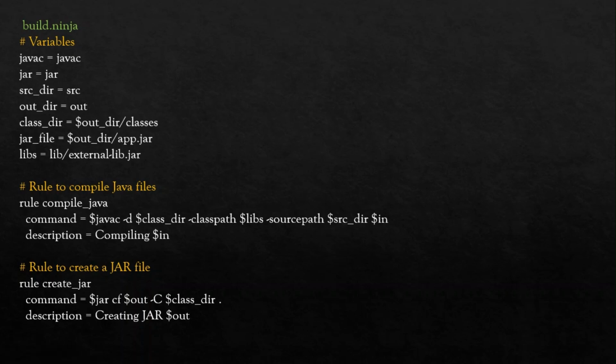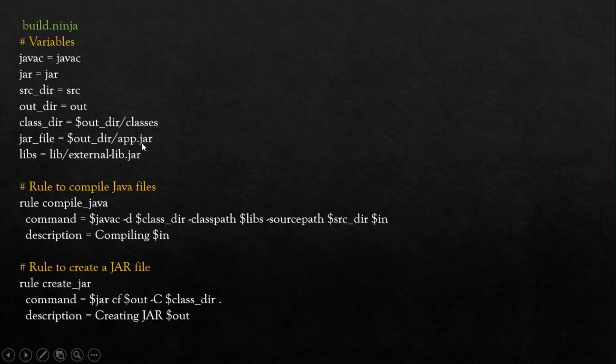to compile the java file using the inputs and the outputs path. So take this class directory path, take the library path, and take all the source path, take the source directory input file. I'm telling it to do all these things. Basically I'm just compiling the input files.